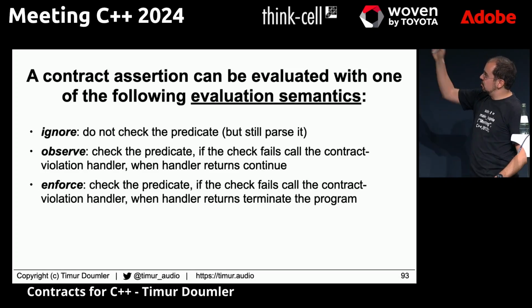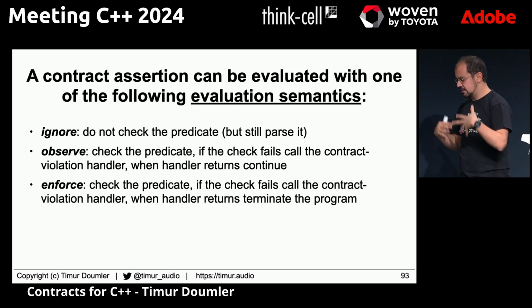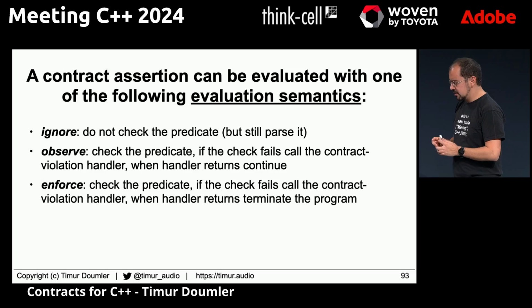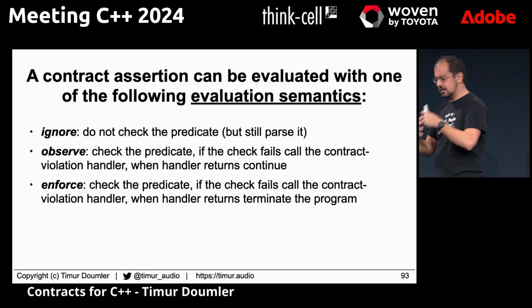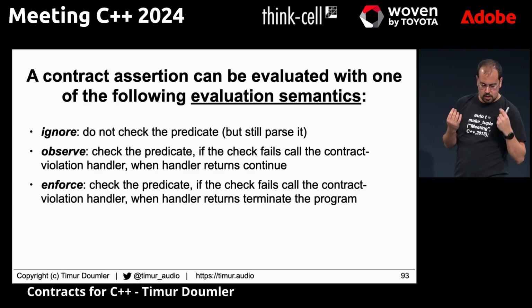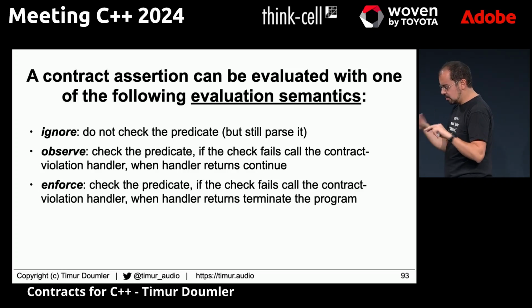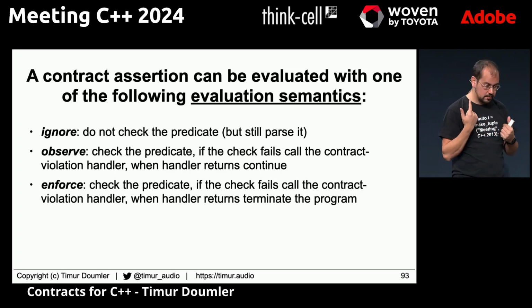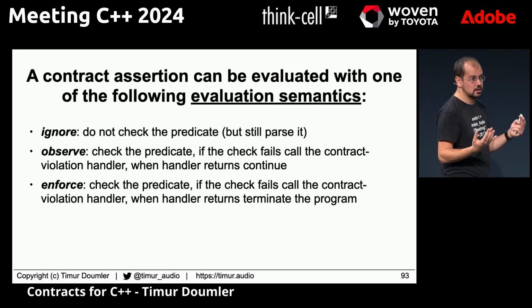And then the only problem with this is you're still going to call the handler, set up this contract violation object. So there's a bit of code bloat and overhead, and you also need to catch an exception. So sometimes you don't want to do that. Sometimes you want to make sure that your program terminates so it's safe, but you also want to do it as fast as possible and give the least possible attack surface to an attacker.